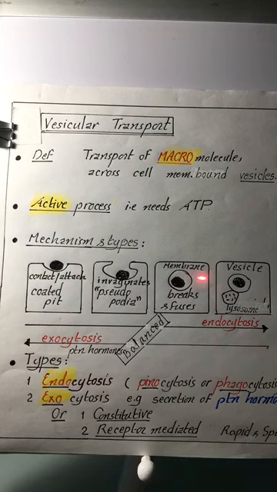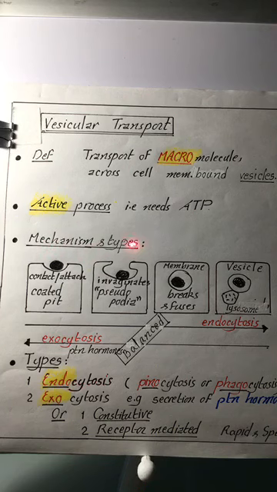This is the difference between the cells and the human beings. The cells have no anus, so the cells have to vomit the things not needed by the process opposite to endocytosis. Endo means inside; the opposite process is called exocytosis, that is, outside the cells. Here inside the cell, here outside the cell.